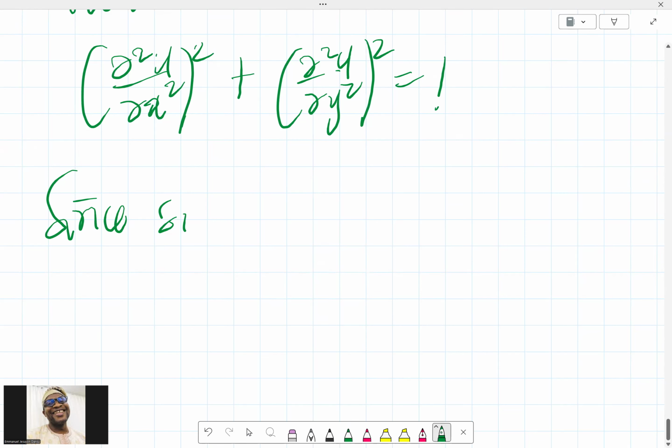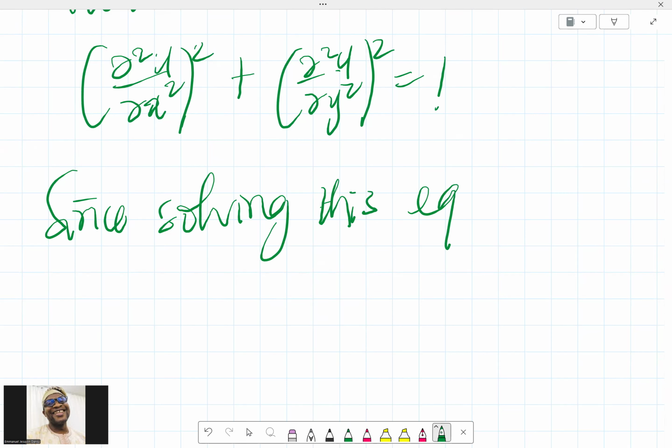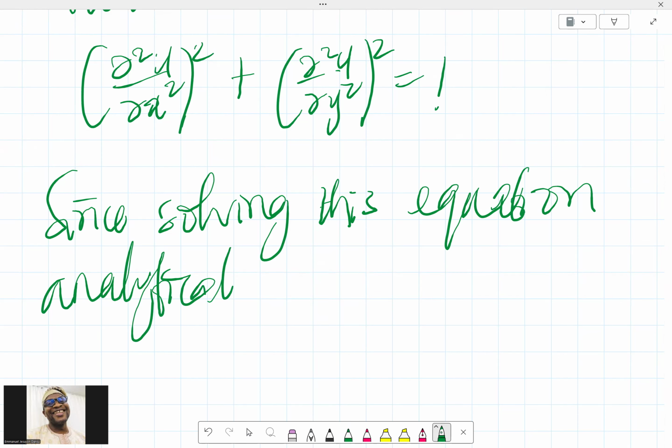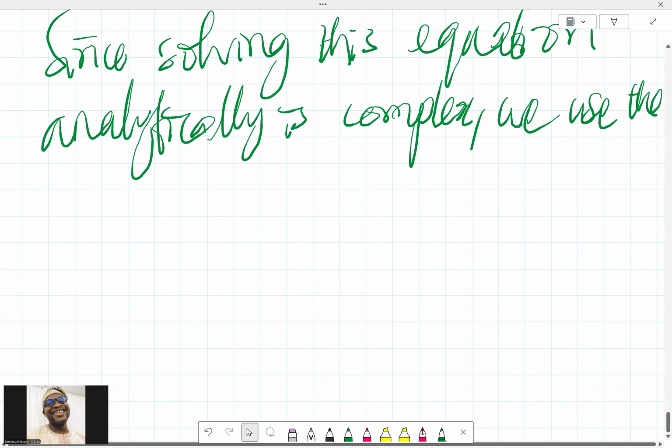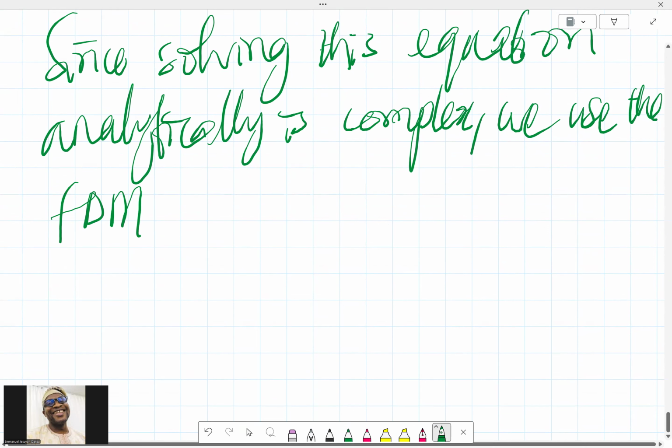Since solving this equation analytically is complex, of course it's complex, we use the finite difference method, FDM, for numerical approximation.